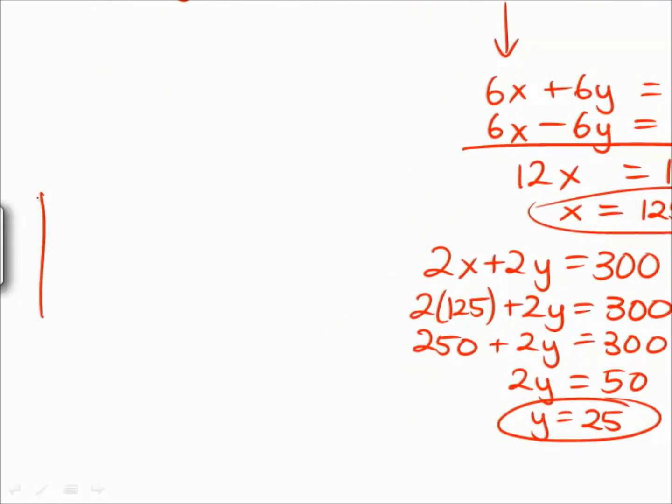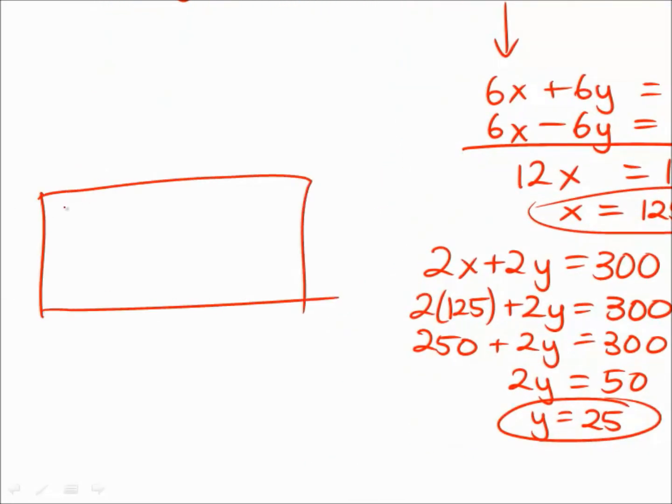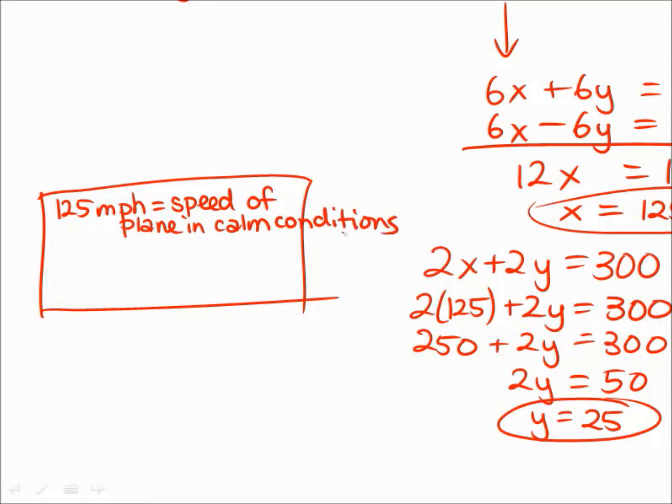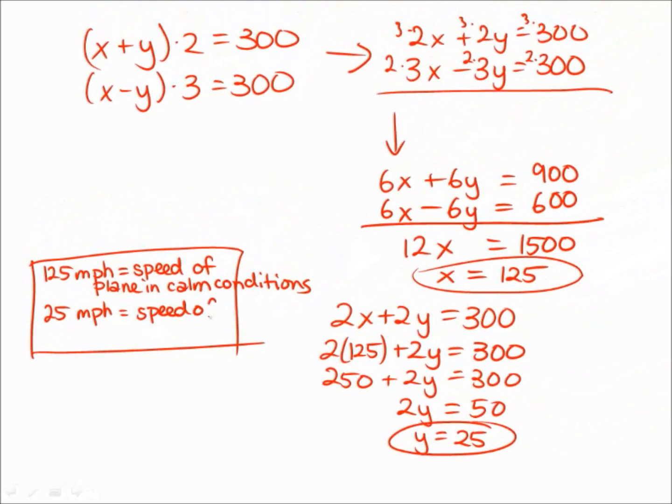So what that tells us is that x is 125, which is 125 miles per hour, is the speed or the rate of the plane in calm conditions. And 25 miles per hour is the speed or the rate of the wind. You can go back and check if that makes sense.